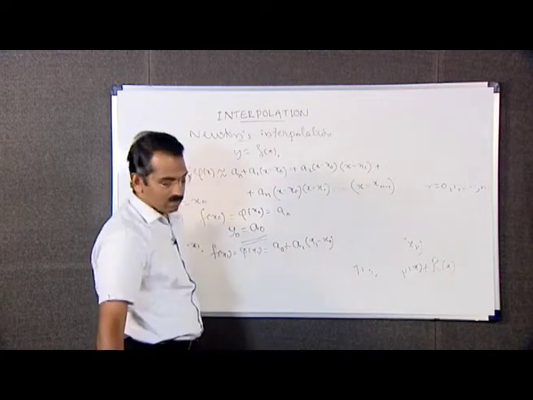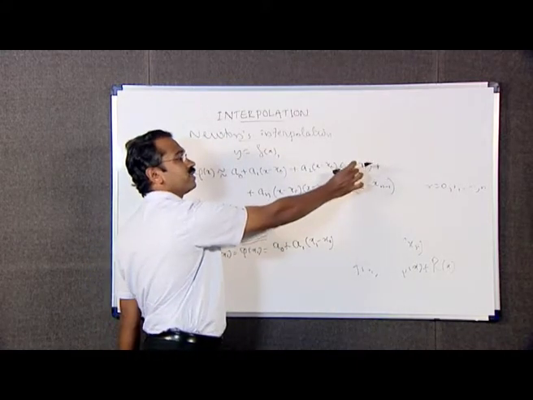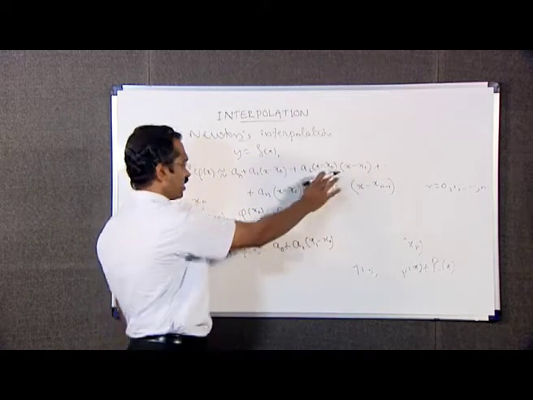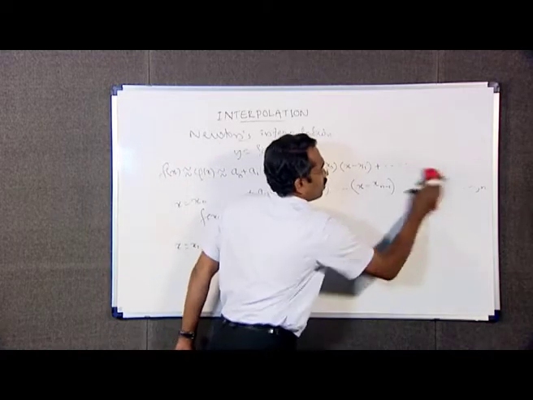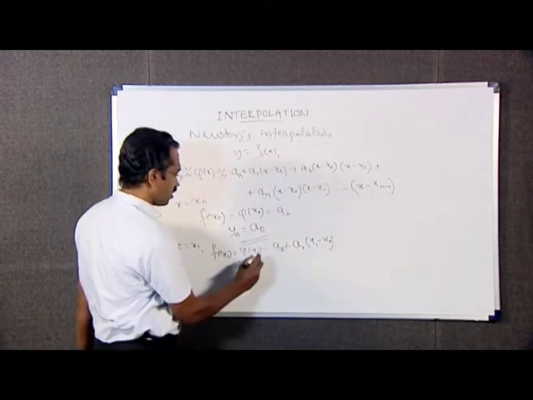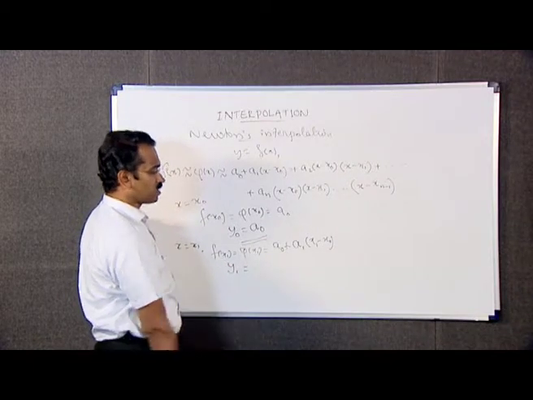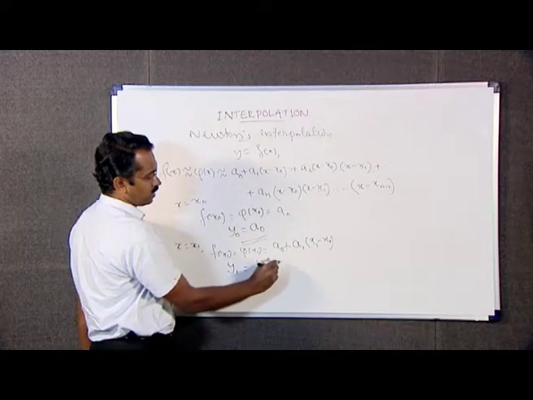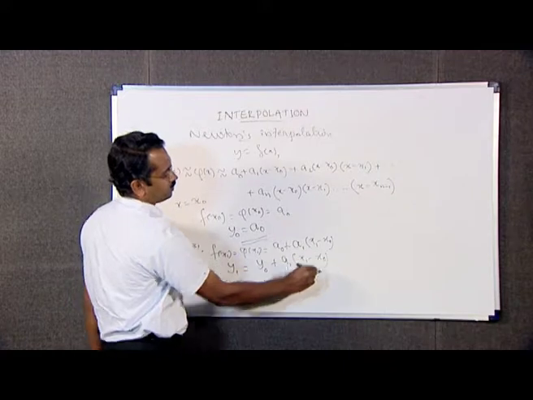The remaining terms are 0, because all the terms contain x minus x1. That is f of x1 means y1, which is equal to y naught plus a1 into x1 minus x naught.